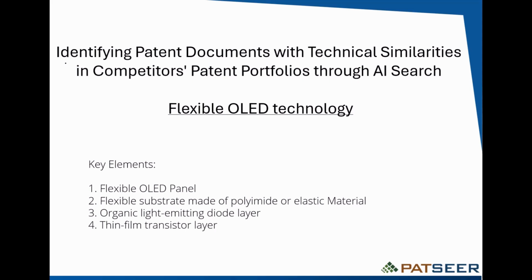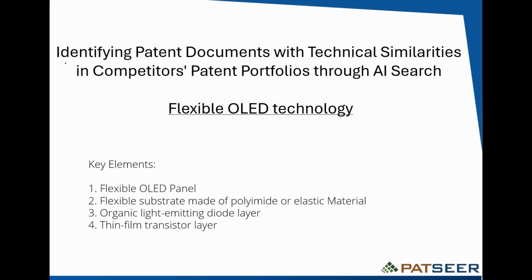Again, I have a paragraph with me which covers some aspects of this OLED technology, which is the panel, then the use of a flexible substrate which is made up of polyamide or elastic material, then an organic light emitting diode and a thin film transistor layer. These are the important key elements in my paragraph.